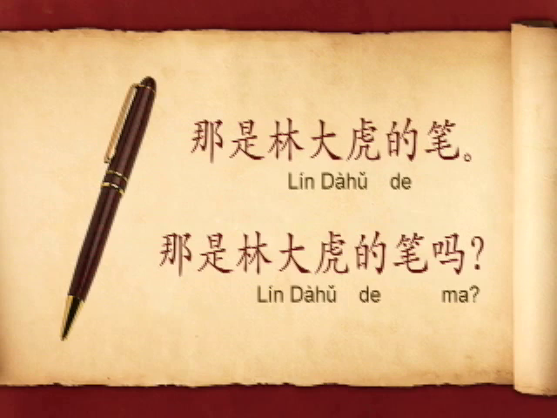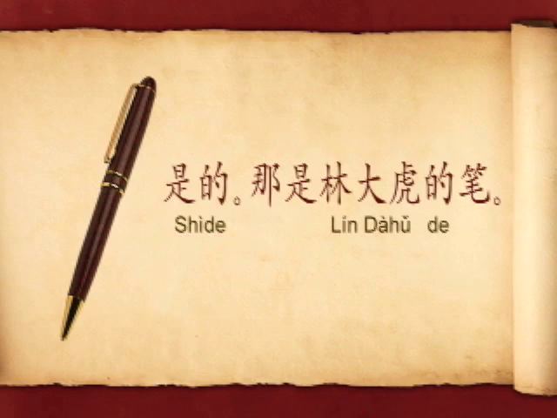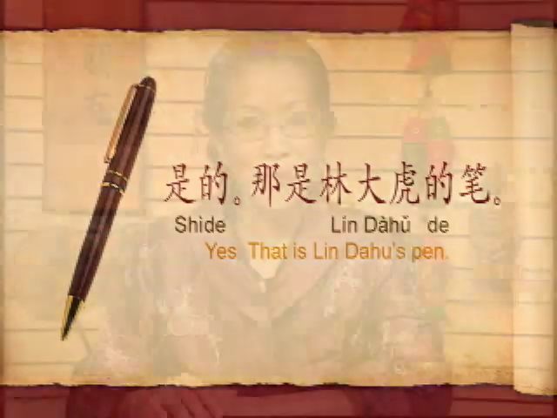The answer should be 是的，那是林大虎的笔。Yes, that is 林大虎's pen. 好。Now I'll describe the next object and ask you a question.